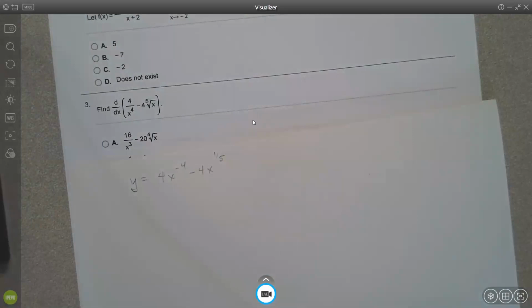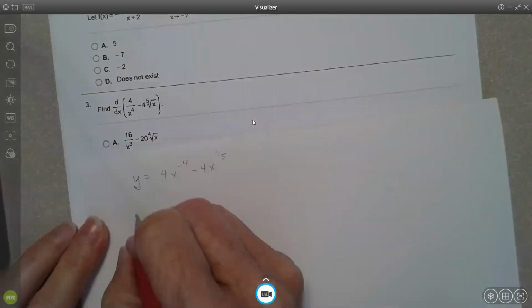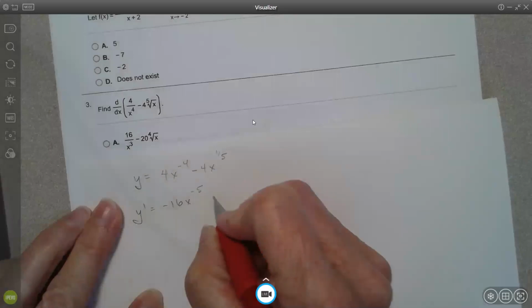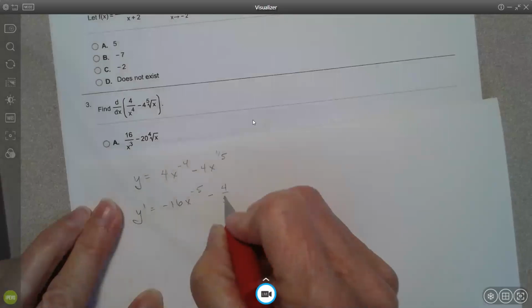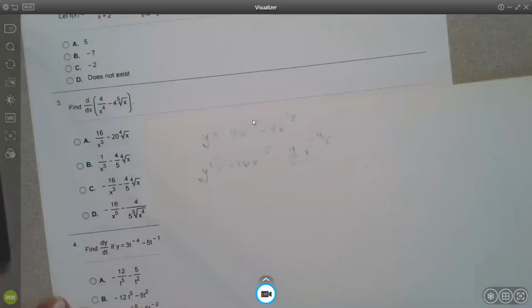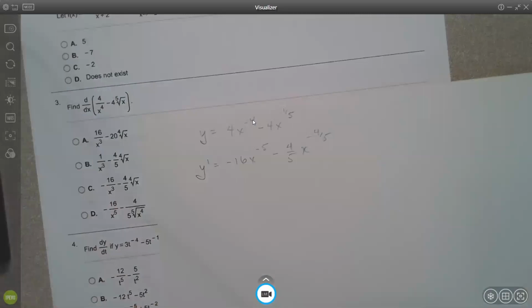And when you get your derivative, you remember to multiply, decrease power by 1. Then you look at your possibilities. And on this one, I know A, B, and C are already out of there. The only possibility is D here.